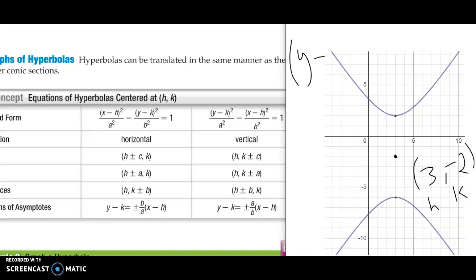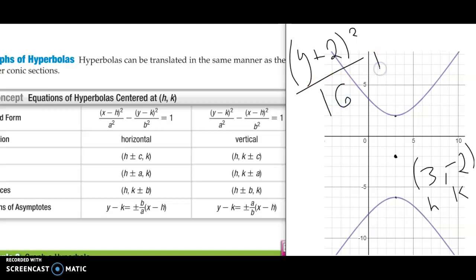So it should be y minus, notice y wants k, so it should be y minus -2, but that double negative is going to make it a +2. Make sure you square that on top. And it goes over a squared. And since a was 4, that will be 16.